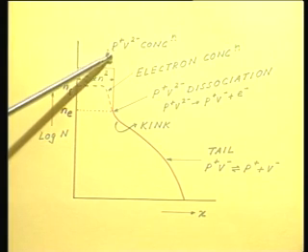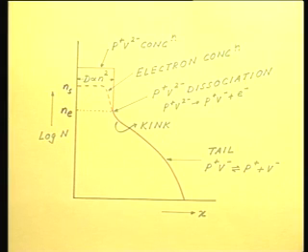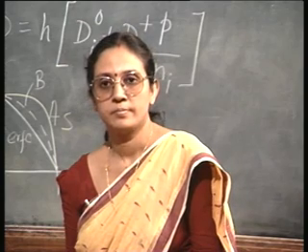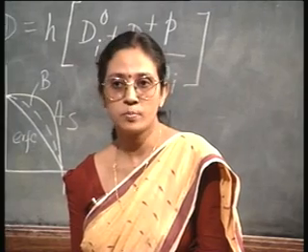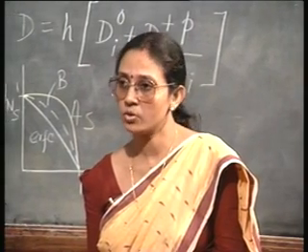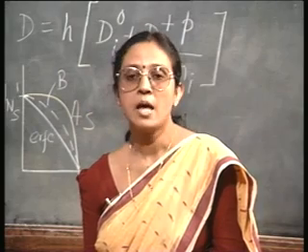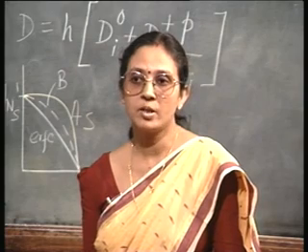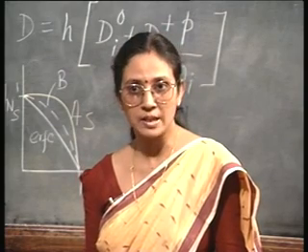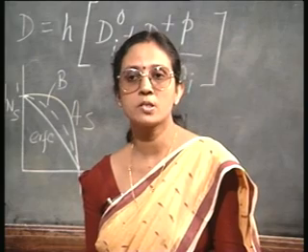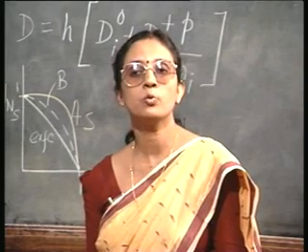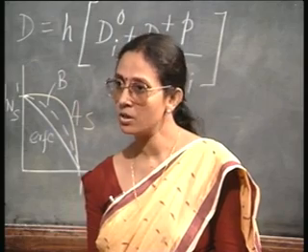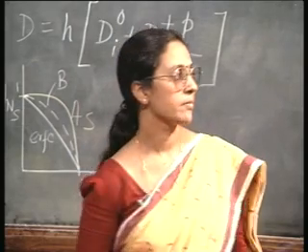As the dopant concentration starts to fall very steeply, the position of the Fermi level changes, right. You know, for a very highly doped semiconductor, Fermi level will be very close to the conduction band, and for a moderately doped or an intrinsic semiconductor, let us say, Fermi level will lie near the mid gap. So, as the doping concentration changes, Fermi level will move from close to the conduction band to the mid gap point.